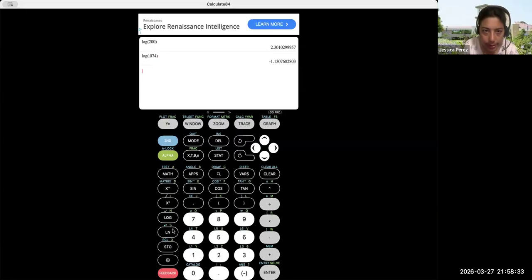Now ln is the key right below it. ln of 200 is 5.2983. Notice that it's not the same as log of 200. Log of 200 and ln of 200 give different answers. And then you have ln of 1.005, and then close it.